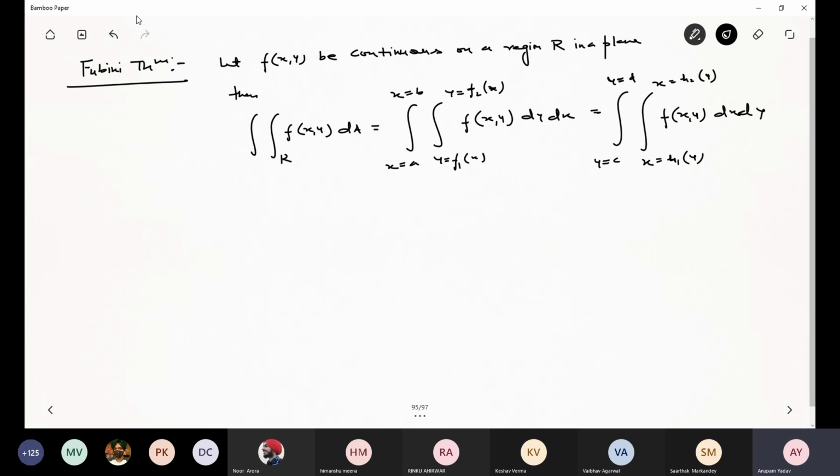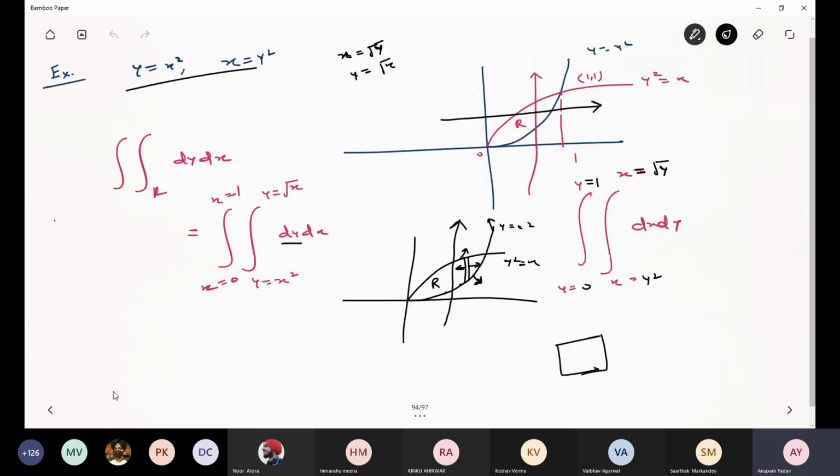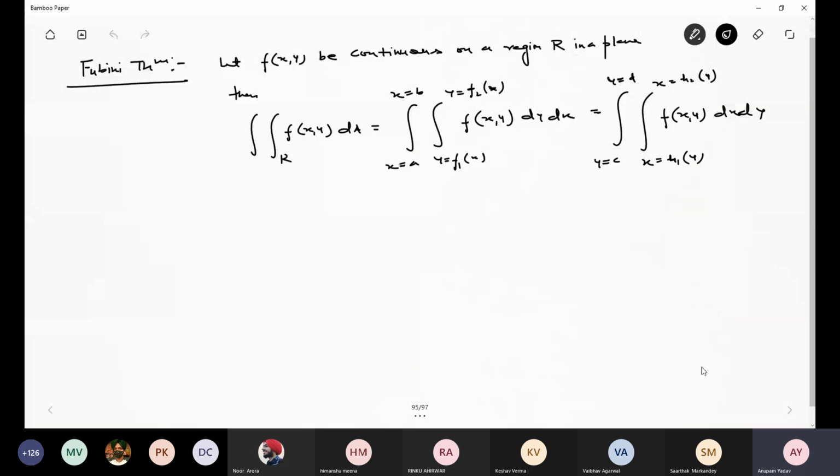Now I'll take an example which will help us figure out one of the geometrical meanings of the double integral when the integrand is f(x,y). In the last lecture I already told you that if there is an integrand f(x,y), then that double integral gives us the volume of that particular region.